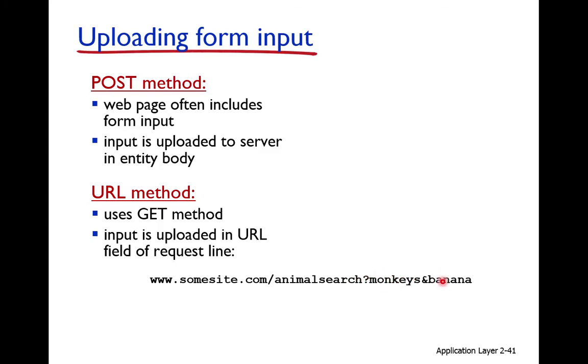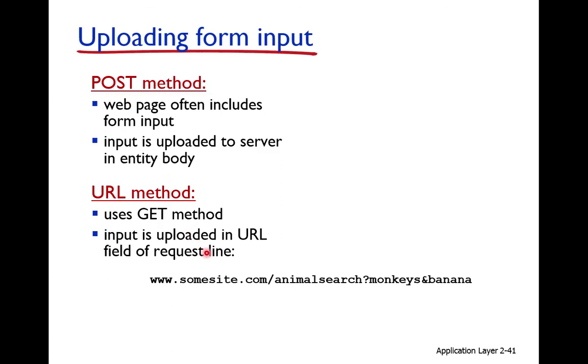So if someone is sitting with you, that person can see what you input, so it can leak your data. If you use the POST method, then these input data will not appear in your URL. So the difference between GET and POST is simple.